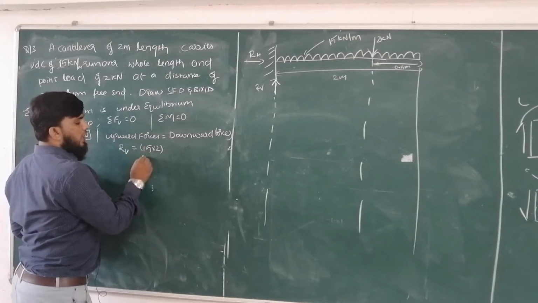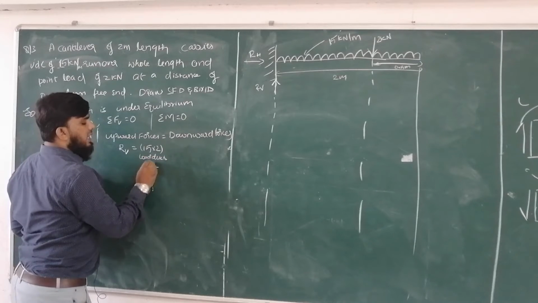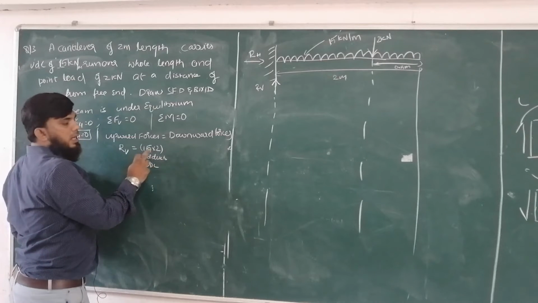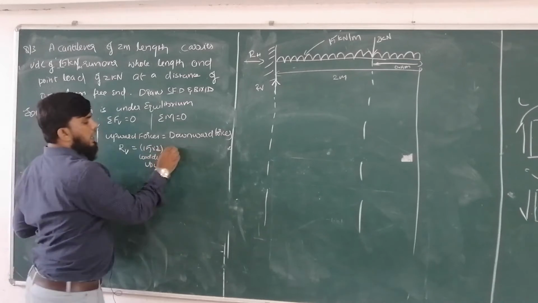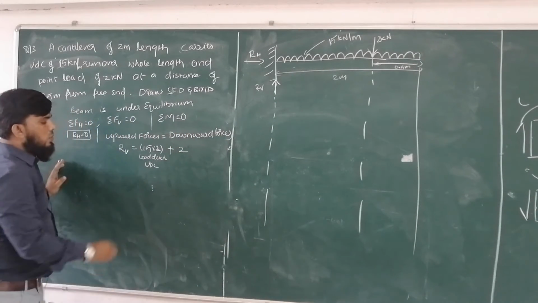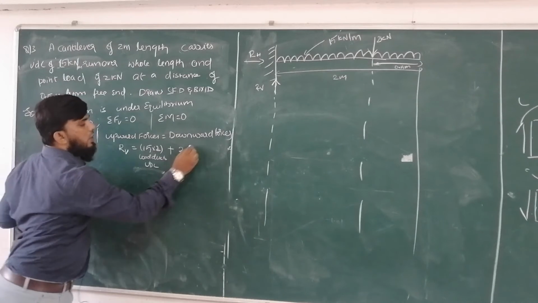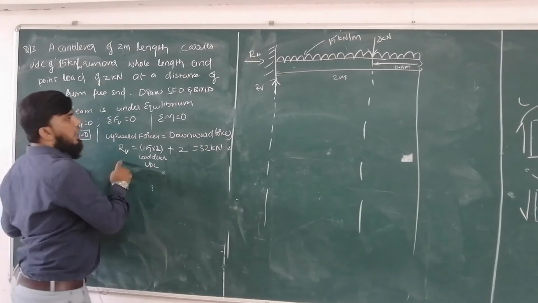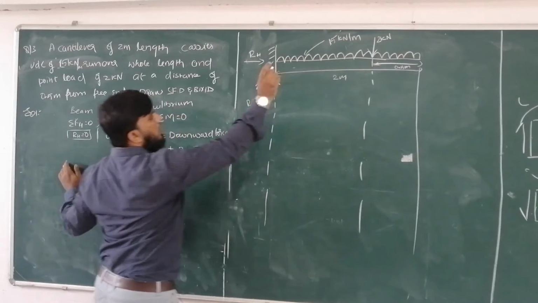So load due to UDL is 15 into 2, plus a point load acting downward, whose value is 2. The total is 32 kilonewtons. So RA is equal to 32 kilonewtons.